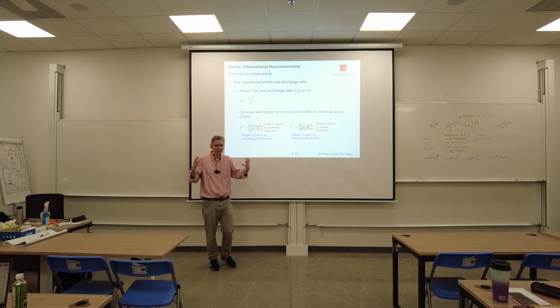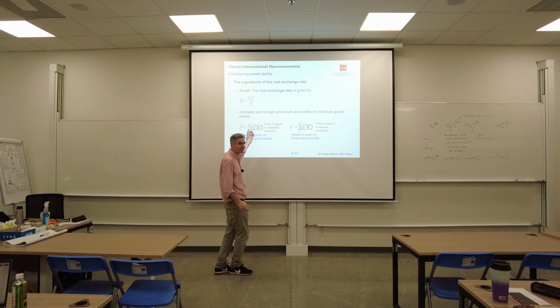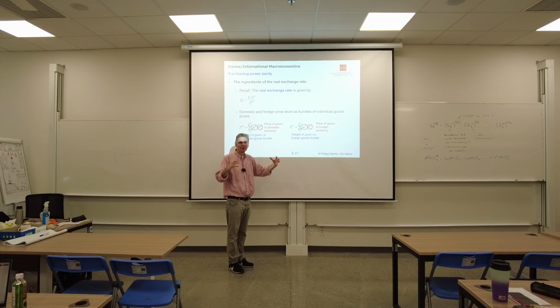So we have vast differences in the composition of consumption bundles, and we have stuff that exists in one country and that doesn't exist in another country. I mean, globalization probably results in a convergence of consumption habits, but still, I would say that the Vietnamese consumption basket looks very different from the German consumption basket.